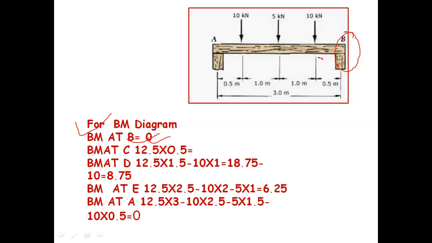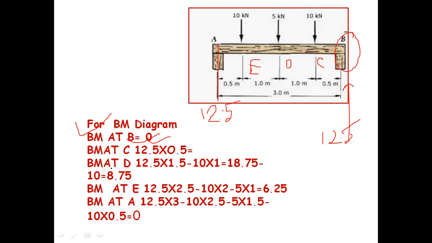If I take a point C here, a point D here, and a point E here, then BM at C is equal to how much? BM at C is equal to 12.5 into 0.5. We have already found 12.5, but I am showing it here for better understanding.